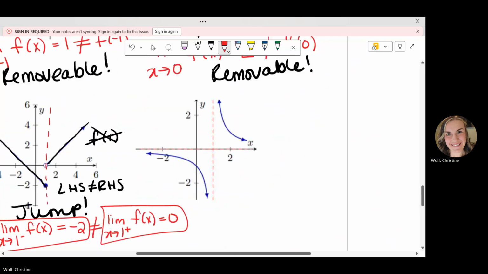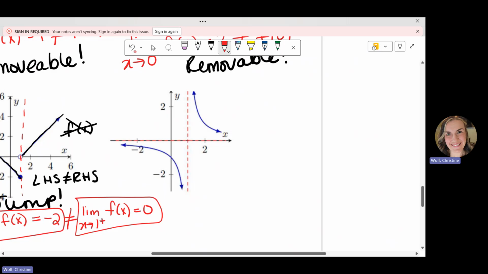When you see this one, I hope you can tell right away that we're approaching infinity and negative infinity. So we're probably going to have an infinite discontinuity here, and I'll explain why. This was the value we were checking, x at 1.